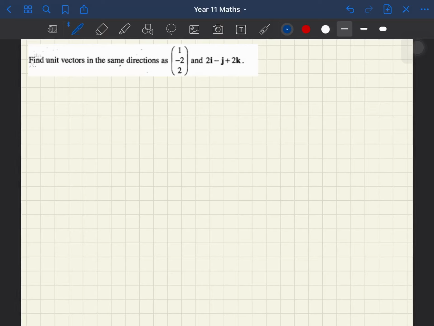Find unit vectors in the same directions as, and then we have two different vectors. It's actually quite easy to find a unit vector in the same direction. The formula is, I will write it for you.